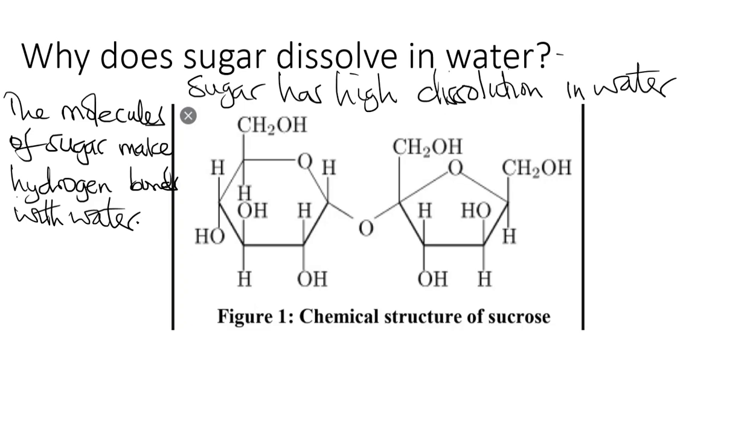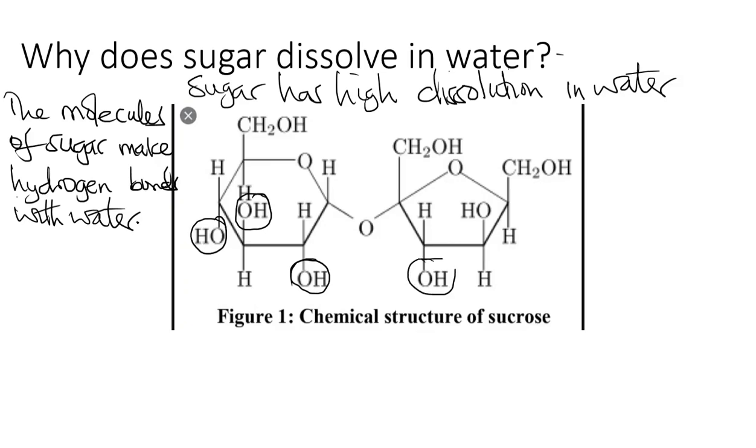And you see the molecules of sugar will make strong hydrogen bonds with water. The reason is here. This is a hydrogen bond that can be made with water. This is another hydrogen bond there, because each of these are like ethanol or like water. Another hydrogen bond here. Another hydrogen bond here.